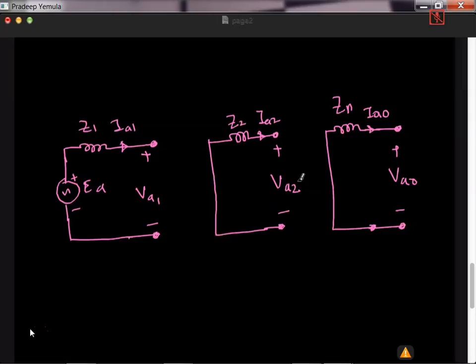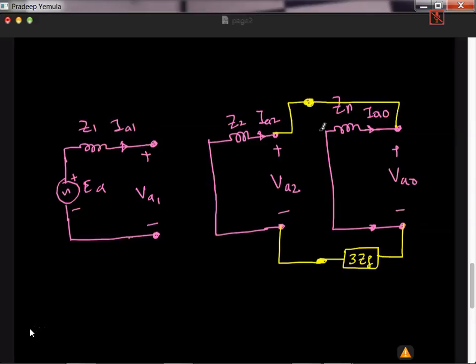Then what you have to do is first the negative sequence and this one you connect in parallel. Parallel connection between these two. So this is 3 times the fault impedance connected to this, and this one connected to this.